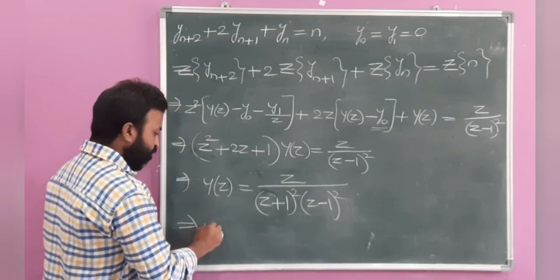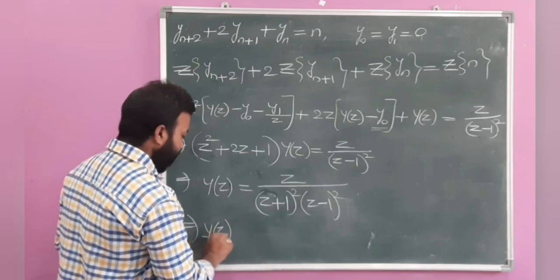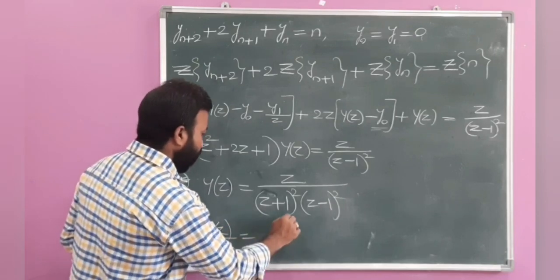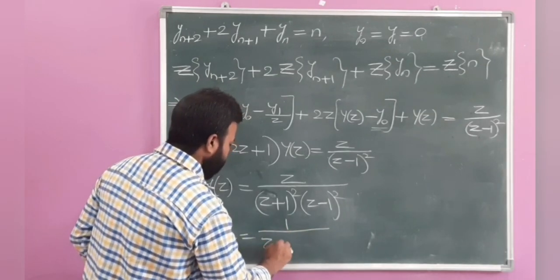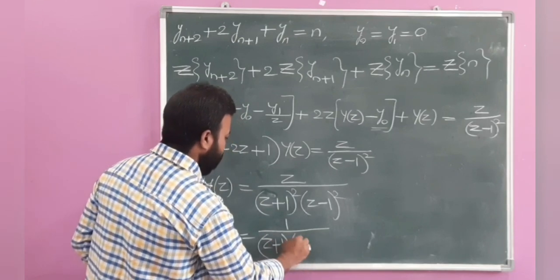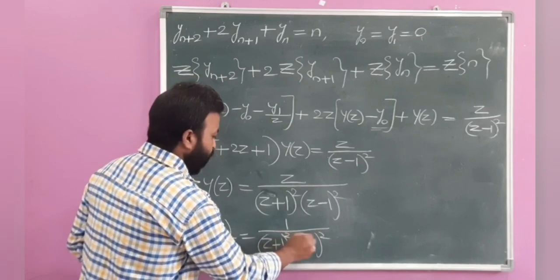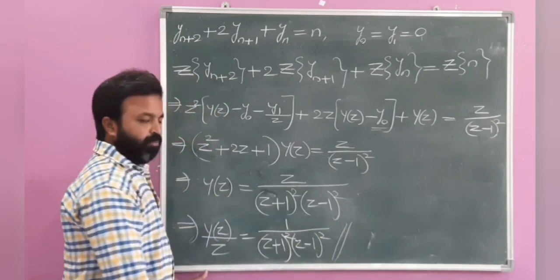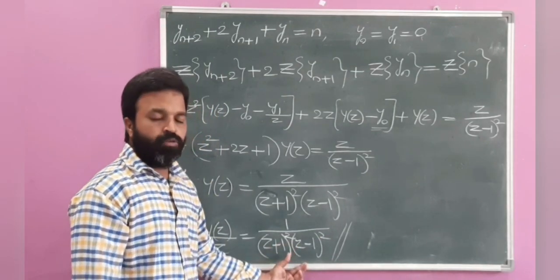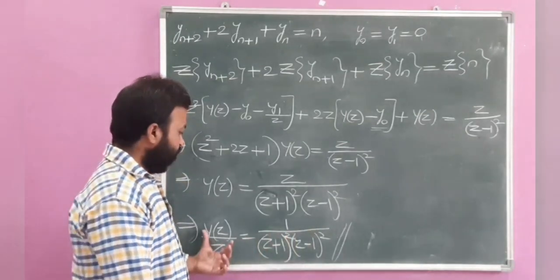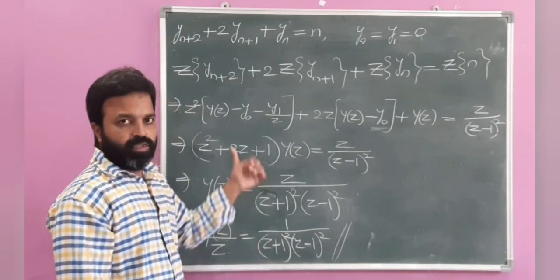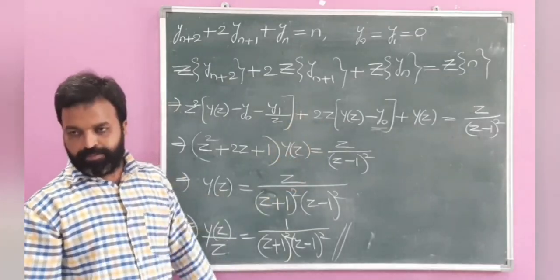So now this implies y of z by z equal to 1 by z plus 1 whole square into z minus 1 whole square. And we will find out this by using partial fractions. We resolve it into partial fractions and we write y of z by z in the next slide.